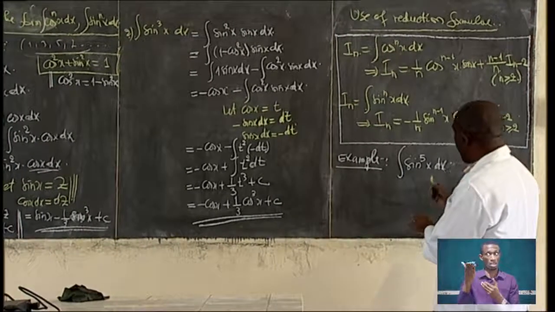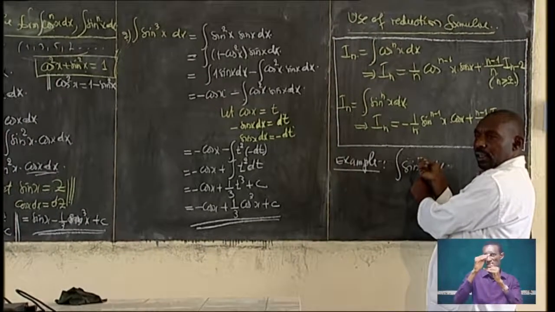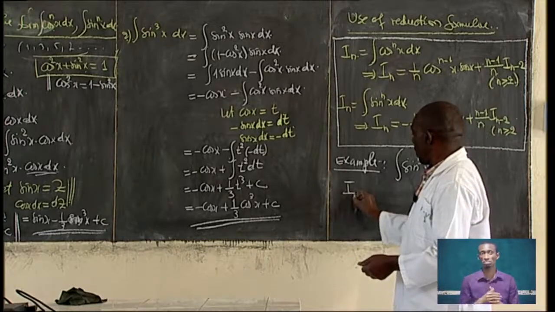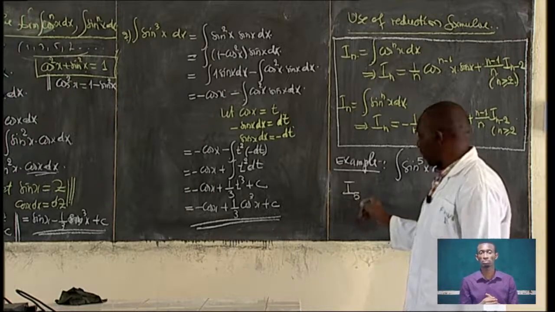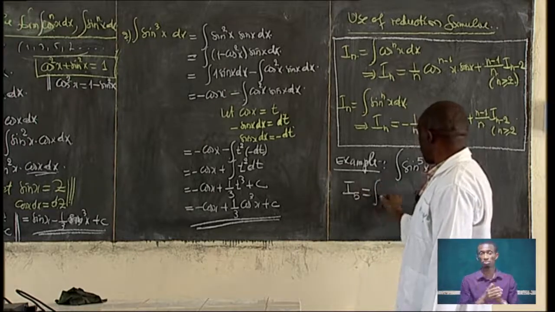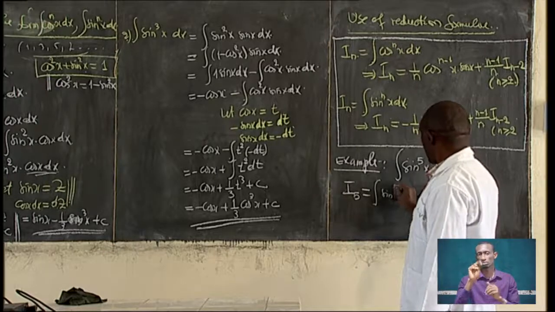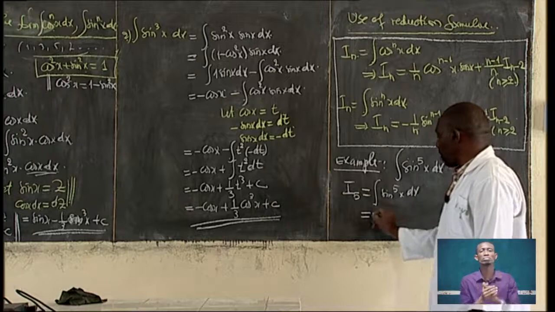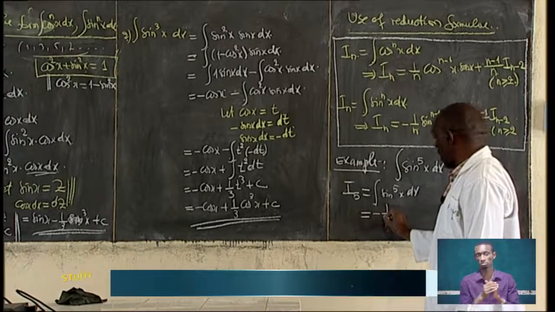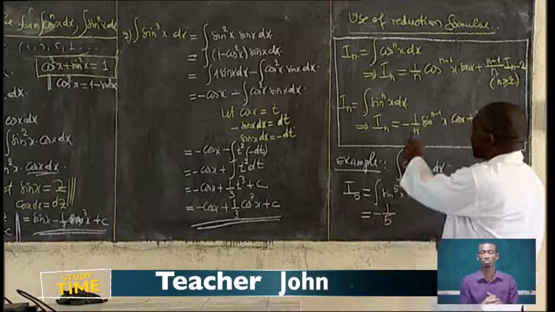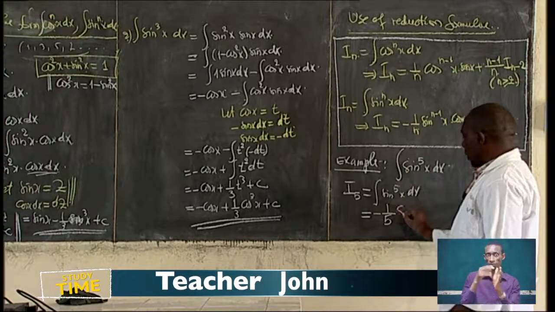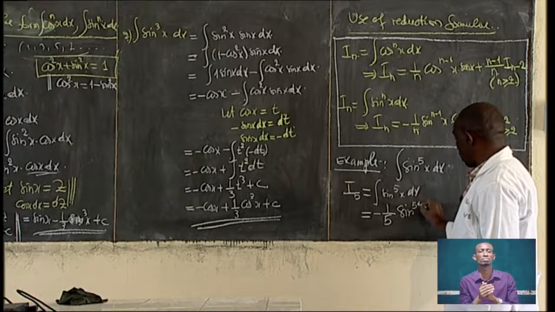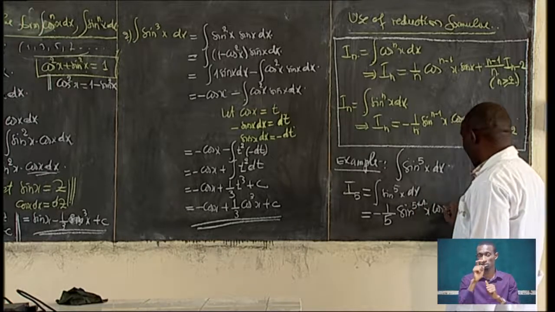Here the exponent is 5, which means that we have I_5, n equal to 5, which is equal to the integral of sine^5 x dx. Applying the formula, it will be minus 1 divided by 5, n is 5, times the sine of 5 minus 1 x times the cosine of x.